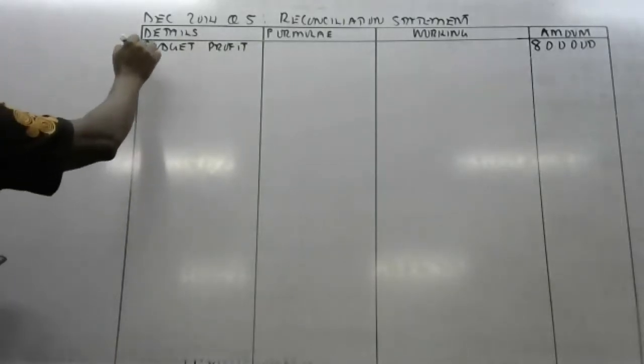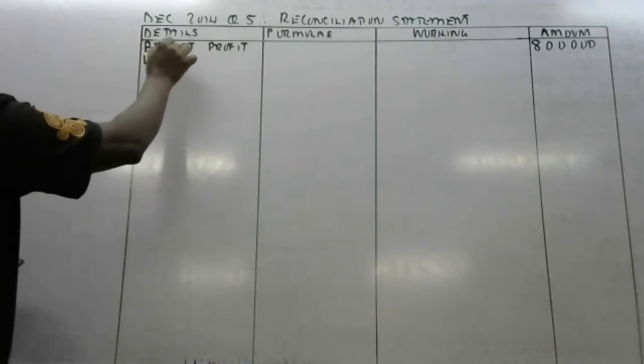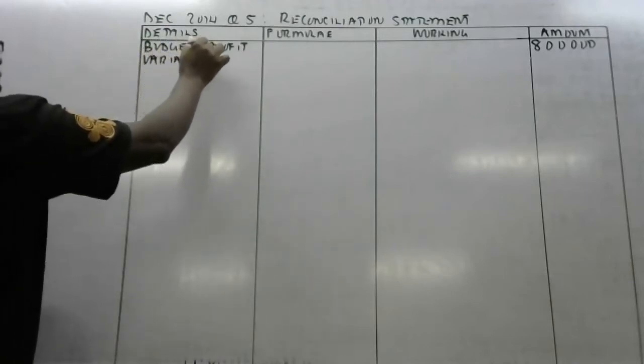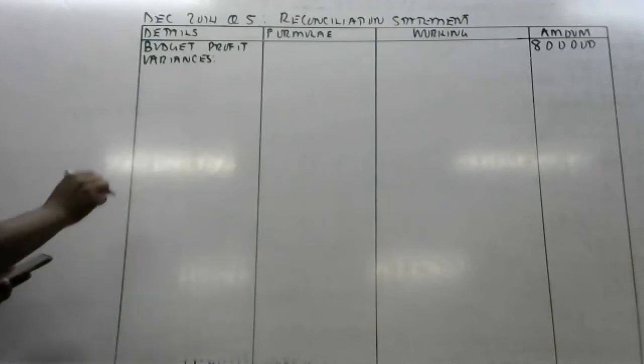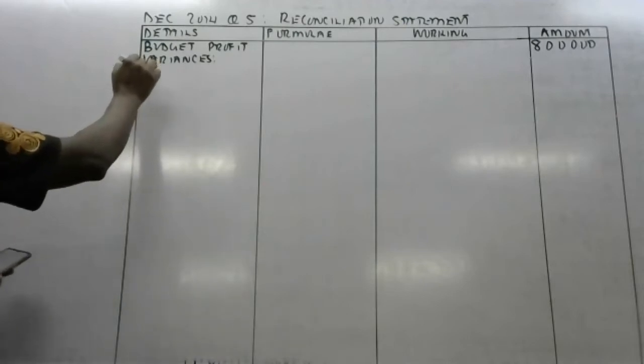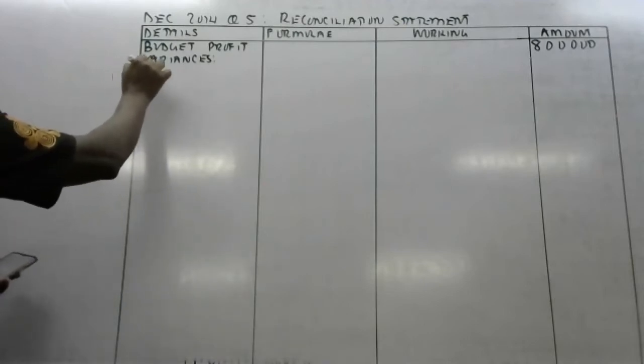Then you bring variances. The first one is sales price.